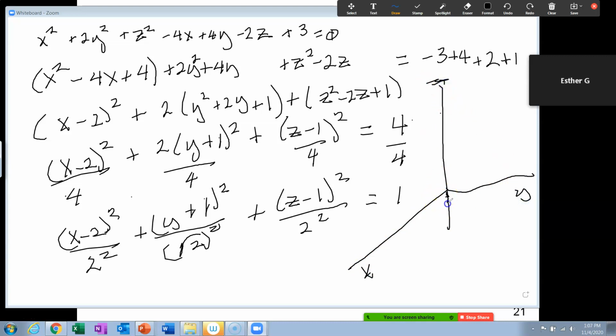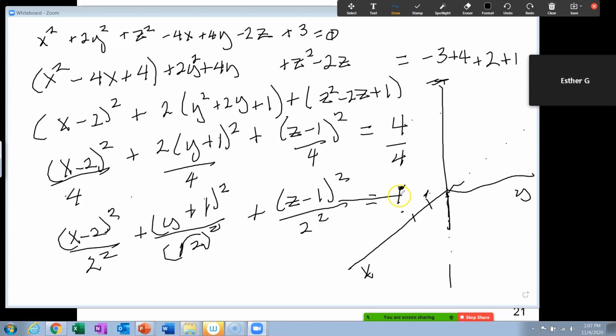I already started drawing my negative z down here, my negative y over here, and my negative x back here. So we go 2 out on x, we go 1 back on y, so that would be somewhere about here, and then go up 1 on z. There is the center of that ellipsoid.